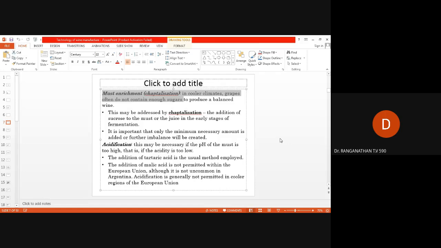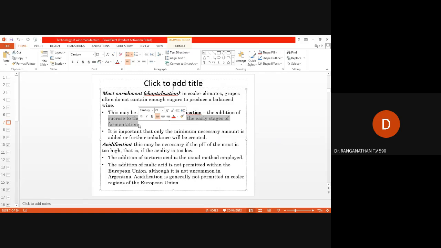Other thing is, if I need some more sweetness, I need to increase the sugar concentration further. So this is what is called chaptalization, where sugar is added to the must in the early stages of fermentation. Basically, as I said, this is to increase the alcohol content and to ensure that uniformity is obtained. How do I do it?